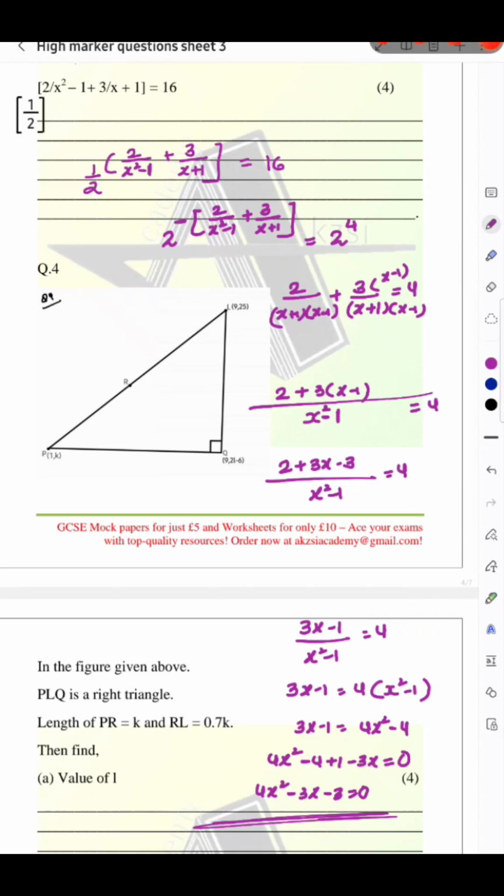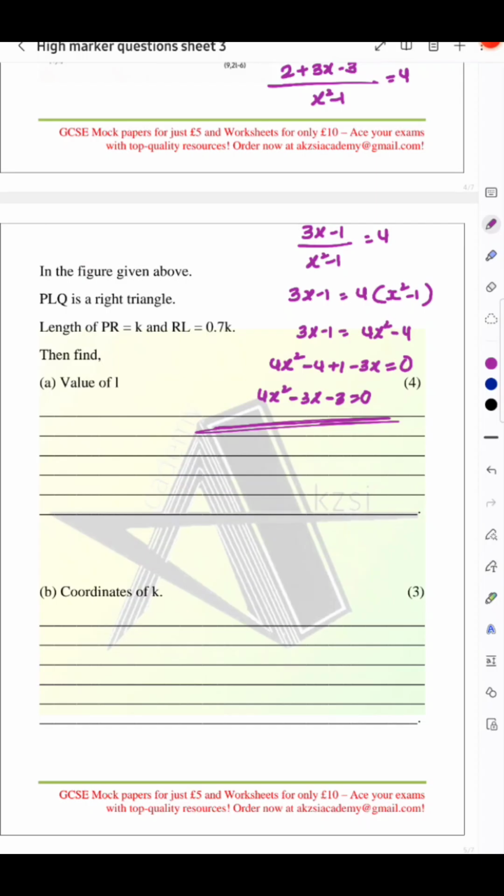Let me use the quadratic formula method, which is minus b plus minus root of b squared minus 4ac over 2a. So minus b, it's 3 plus minus root of 3 squared minus 4 times a times c, which is negative 3, over 2 times a, which is 4.